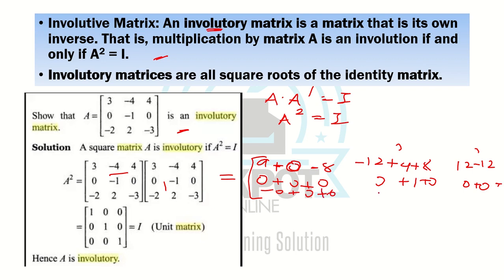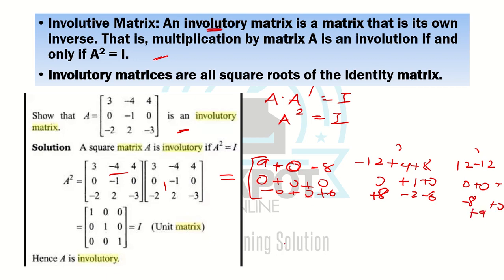And you have plus 8 minus 2 minus 6. And you have at the end minus 8 plus 0, sorry, plus 9.